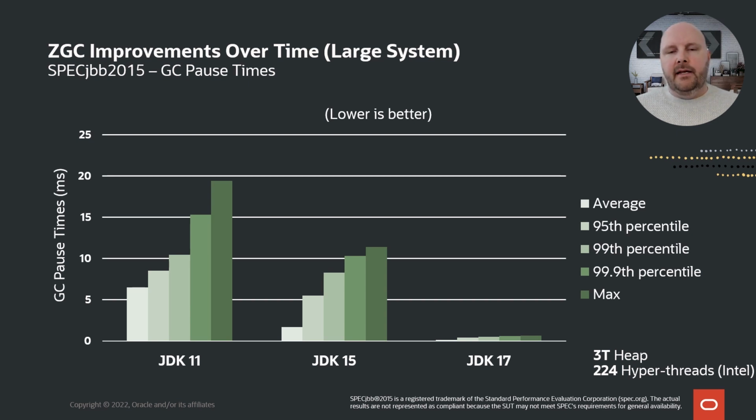And again, back in JDK 11, ZGC struggled to handle this system, with pause times approaching 20 milliseconds, completely unacceptable, of course. But since then, things have improved. Pauses are nowadays constant. So in JDK 17, again, the size of the system doesn't matter. They're all well below 1 millisecond.